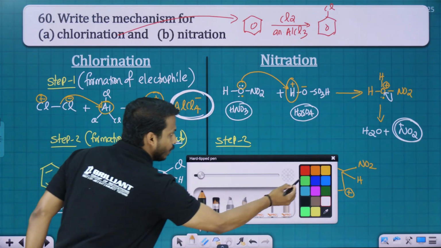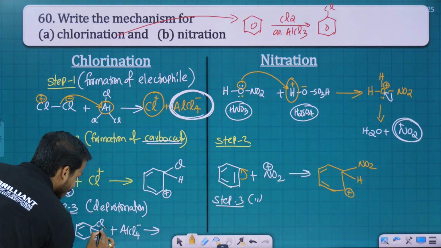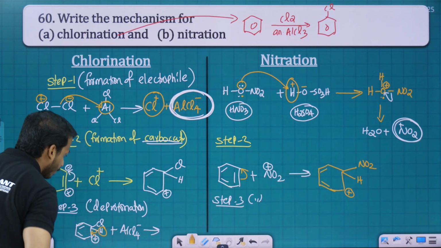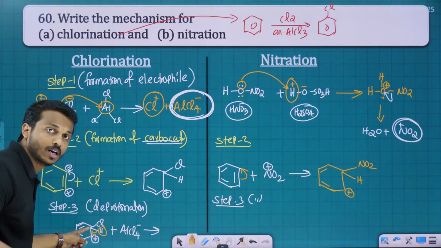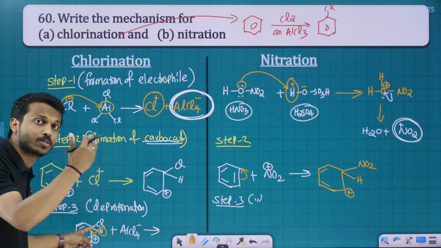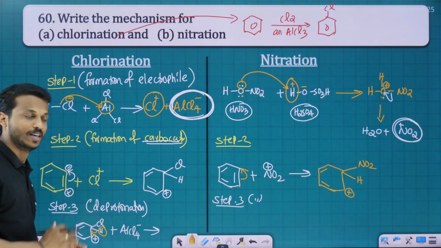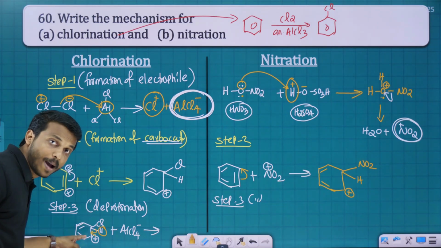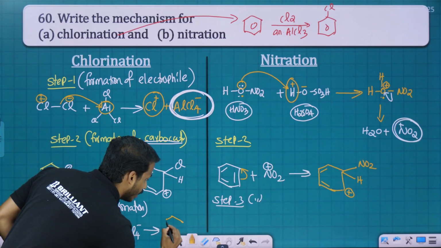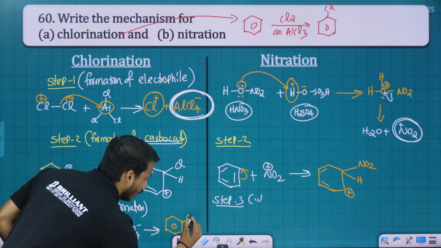All of you try to understand this shift. Can you see there is a hydrogen here? This hydrogen gives its electron, and this bond's electrons shift here, so we get the double bond back on the benzene ring. So what is left there? Benzene with chlorine.